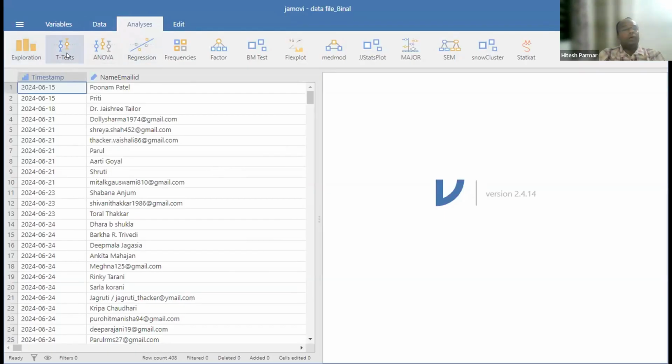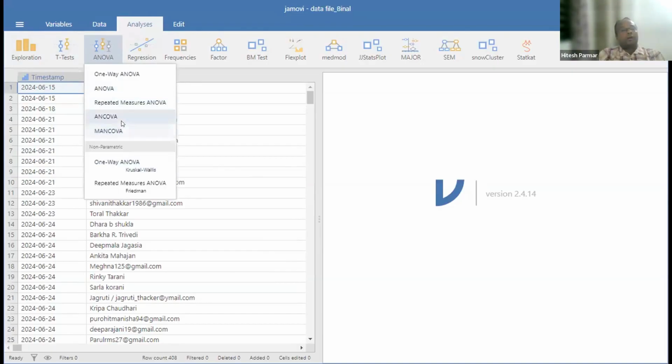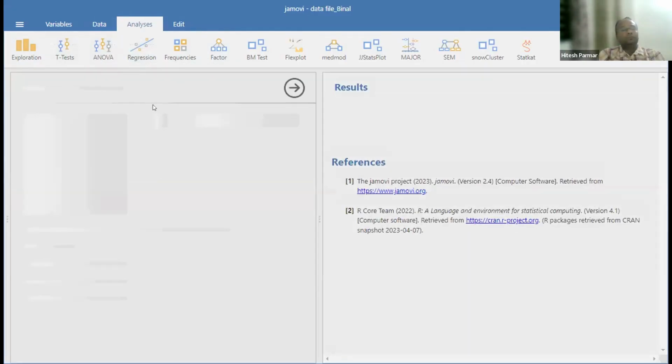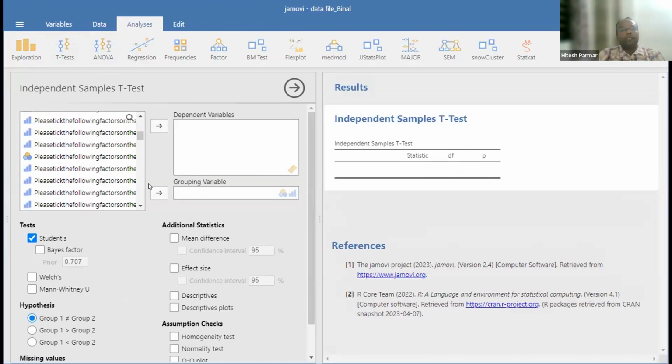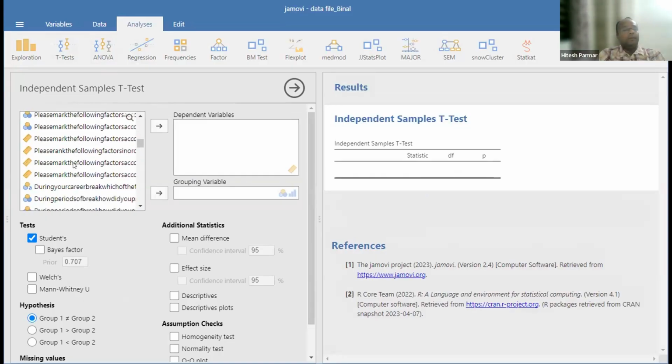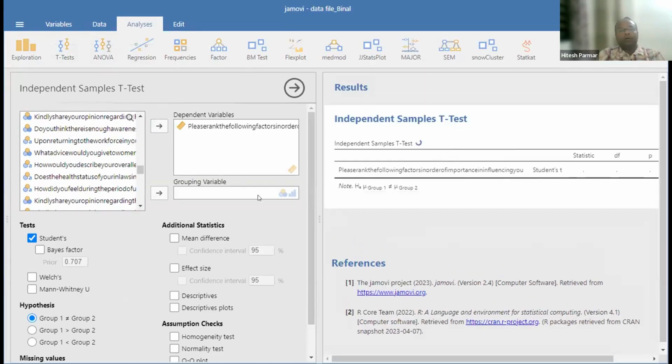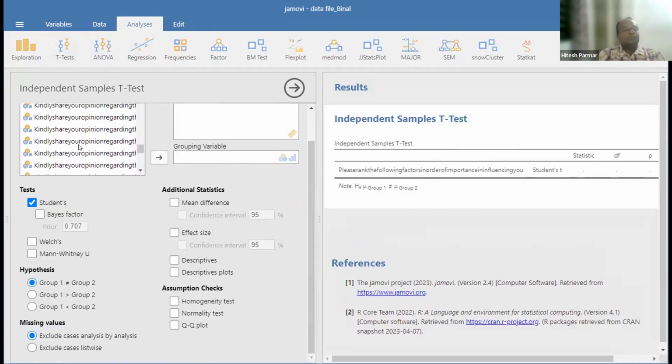Right. So here also you have these options of t-test, independent, paired sample, one sample, ANOVA also, ANCOVA, MANOVA also, one way, repeated measures, regression also, factor also. So this is also very powerful software. And the best way is that here you just select the variable, and then on the right side you will get your analysis.